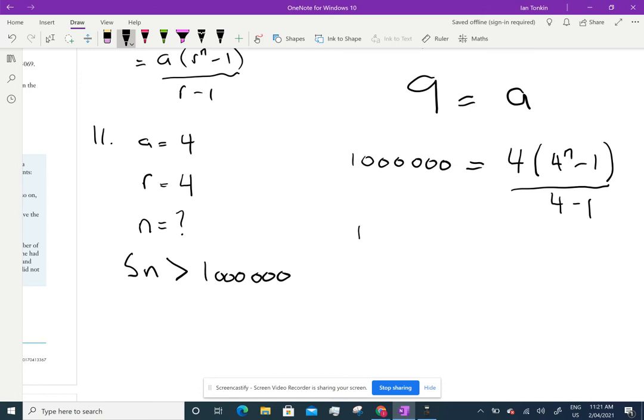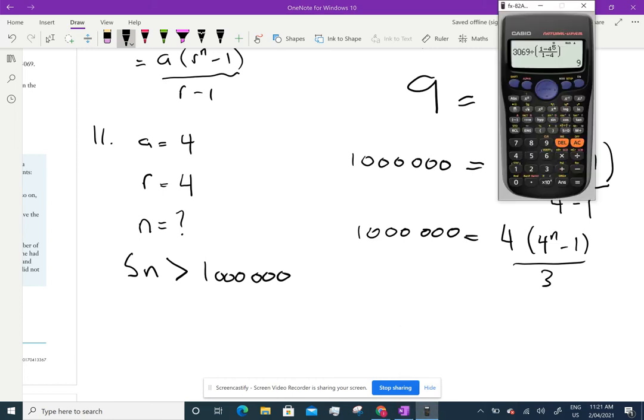And now this is going to be a little bit harder because we're going to have to use logs. So we've got 4 to the n minus 1 over 3. Well, I'm going to take that million, I'm going to divide by 4 and times by 3.